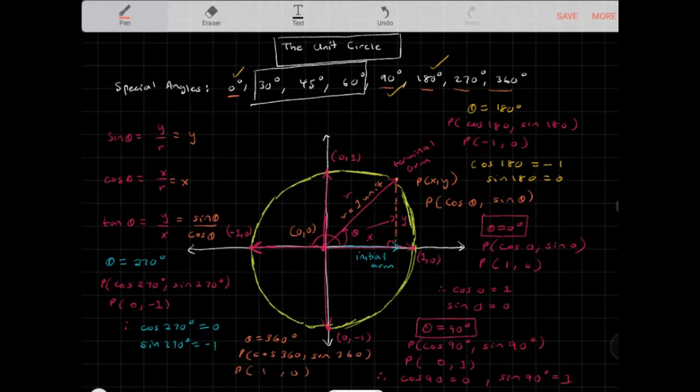So cosine 360 is equal to 1, and sine 360 is equal to 0. This is the same as cosine 0 and sine 0. Okay, those are the values of our respective special angles: 0, 90, 180, 270, and 360.